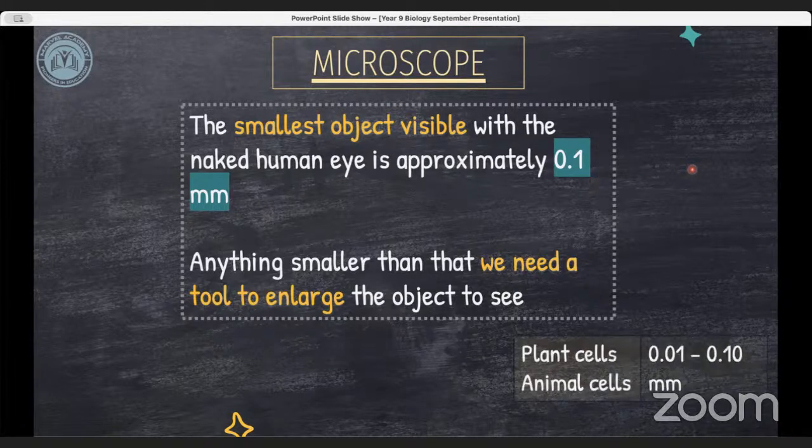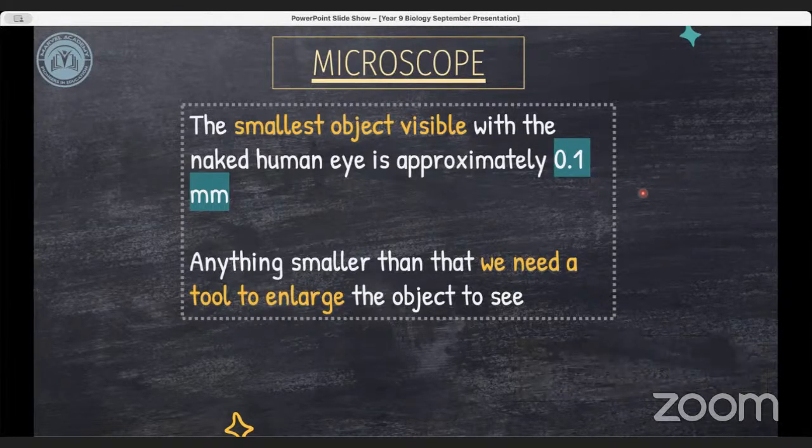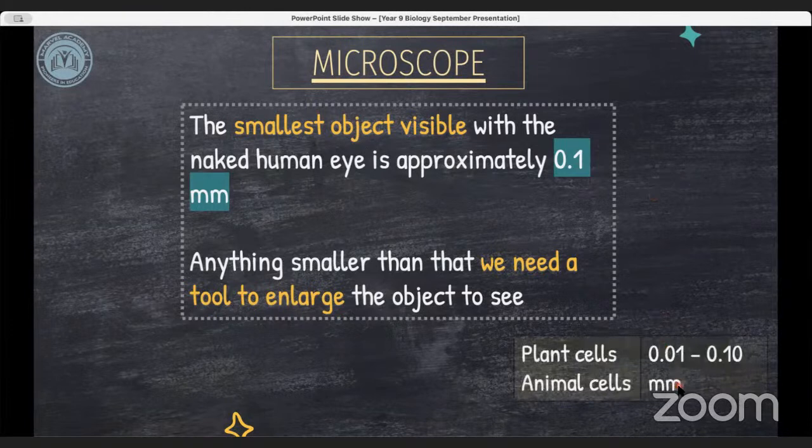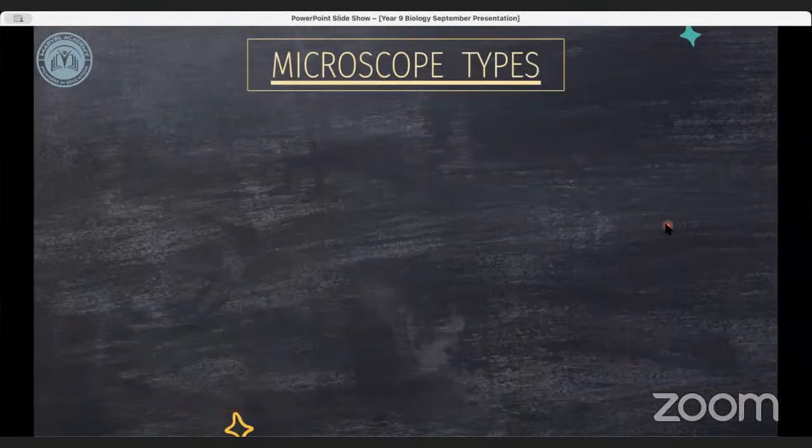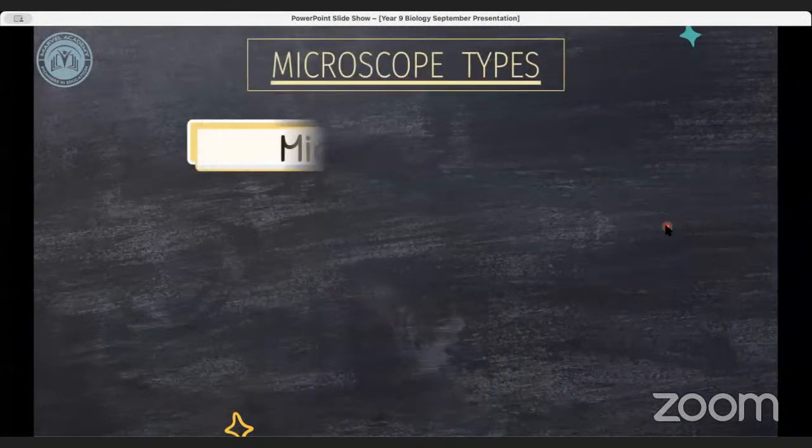The purpose of the microscope is to enlarge. Now you can see here, a plant cell is approximately 0.01 to 0.10. So to see the cells in detail, we need a microscope because we can't identify the internal cellular structures. Okay, children, any clarification? Let me know, right?